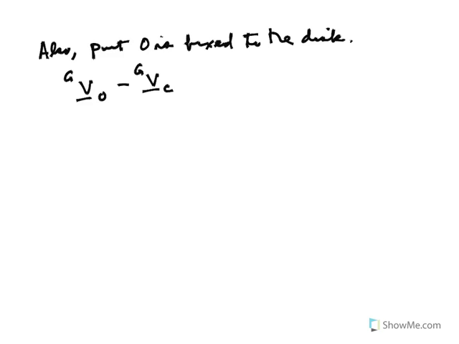Now, this may be hard to see at first, but points O and C are both points on the disk. So I can apply the relative velocity between two points on a rigid body in order to get the difference between the velocities of points O and C. So this is equal to the angular velocity of the disk as viewed by an observer fixed to the ground crossed with RO minus RC.